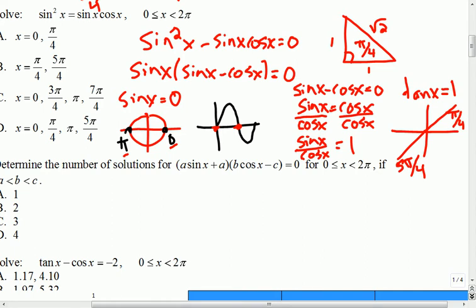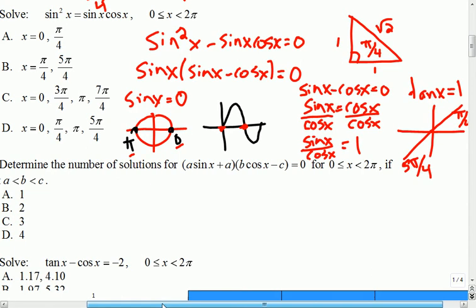So it looks like D is the answer. Okay, so again, it's legitimate to use identities or move anything around that you like. Just don't take things out of the equation or you'll lose information.